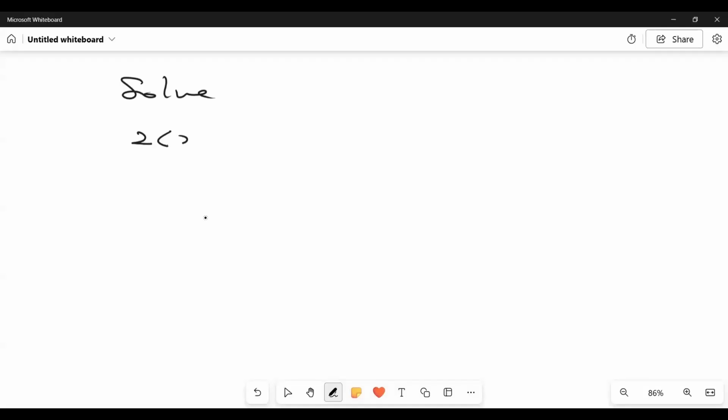2 bracket x plus 1 equal 3 bracket x minus 1. Look at that. Right? So again, you just remove the brackets. You get 2x plus 2. Right? You multiply this number 2 here by everything in the bracket. That's the distributive law.